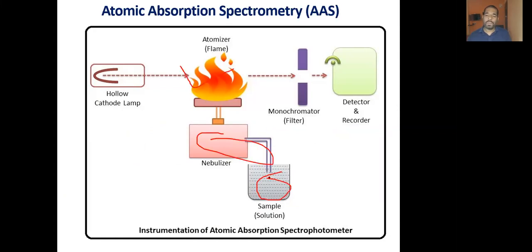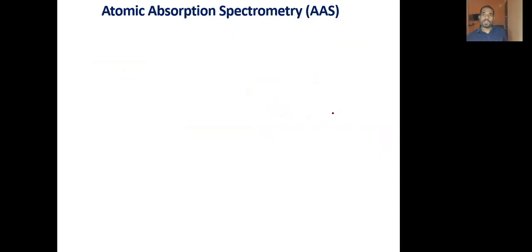The sample solution undergoes nebulization, forming small particles, and when they are introduced into the flame, they give certain atoms. When the light falls on the monochromator, it detects a particular absorbance. That absorbance is detected and recorded. So this is all about atomic absorption spectroscopy.